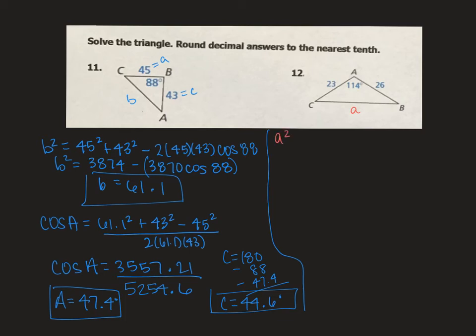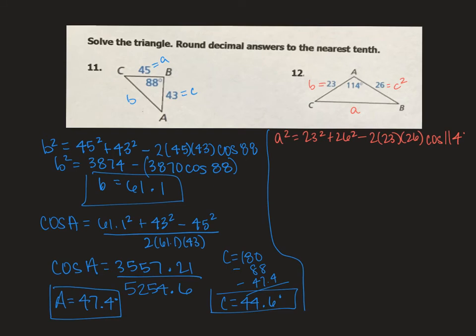So I'm going to find side a first. So a squared is going to equal b squared plus c squared, or 23 squared plus 26 squared, minus 2 times 23 times 26 times the cosine of angle A, which is 114 degrees.